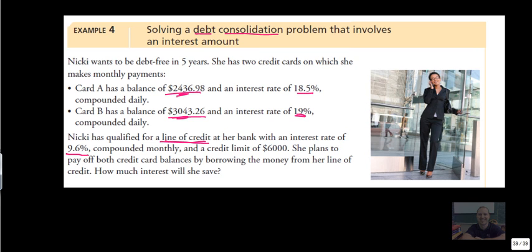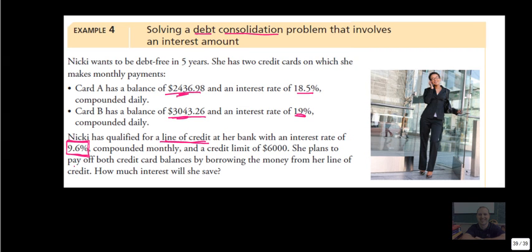Okay, look at this interest rate. It's a lot less. Okay, so she wants to pay all those off with a line of credit that has a lower interest rate. So for people that have balances on their credit cards, they want to look for options where they can save some money.